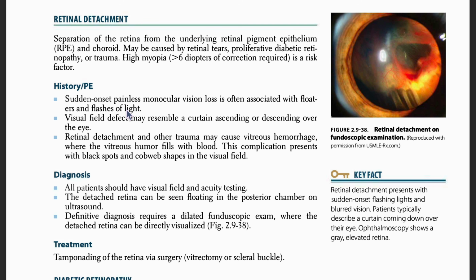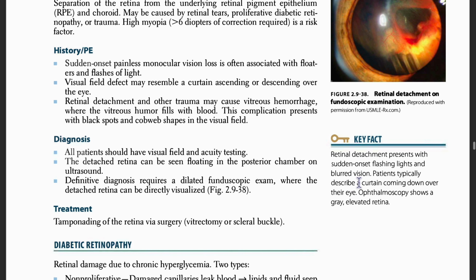Key fact: retinal detachment presents with sudden onset flashing lights and blurred vision. Patients typically describe a curtain coming down over their eye. Ophthalmoscopy shows a gray elevated retina. Okay, so that's what I was talking about.